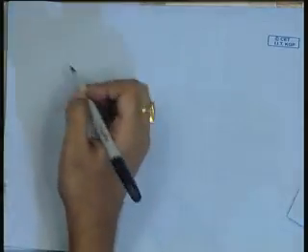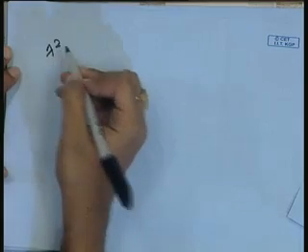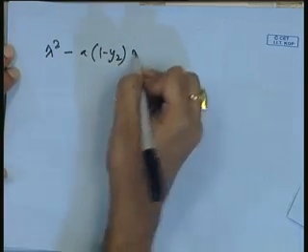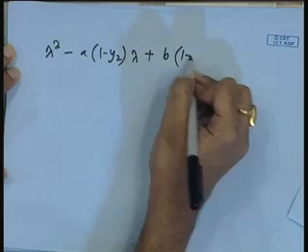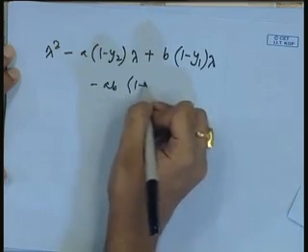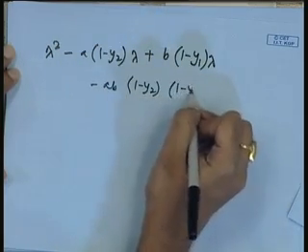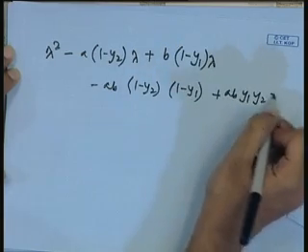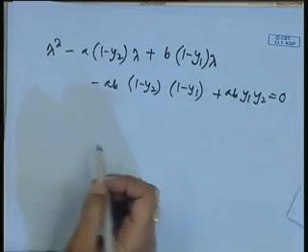Now the characteristic equation is formed as lambda square minus A times 1 minus y2 lambda plus B times 1 minus y1 lambda, minus AB times 1 minus y2 times 1 minus y1, plus AB y1 y2 equals 0. That is my characteristic equation.